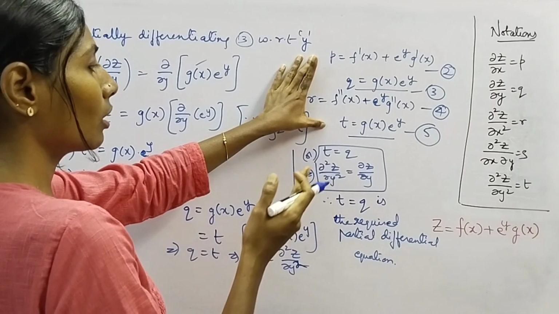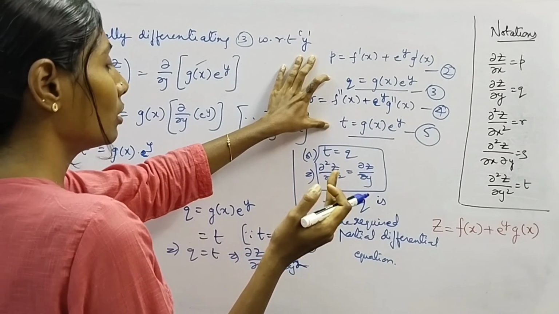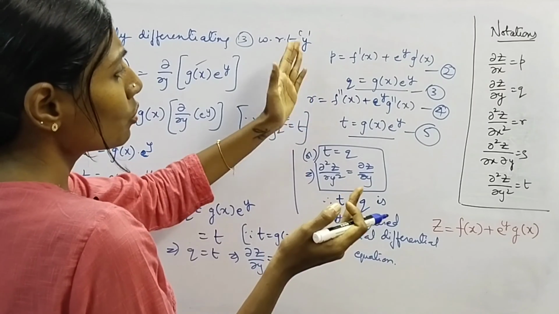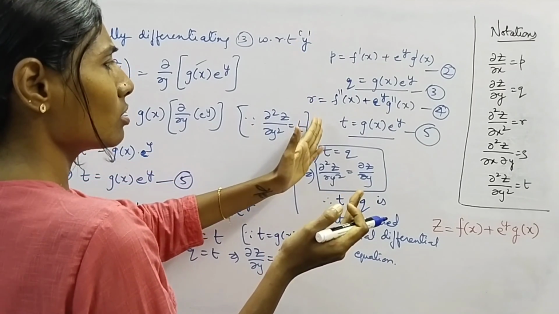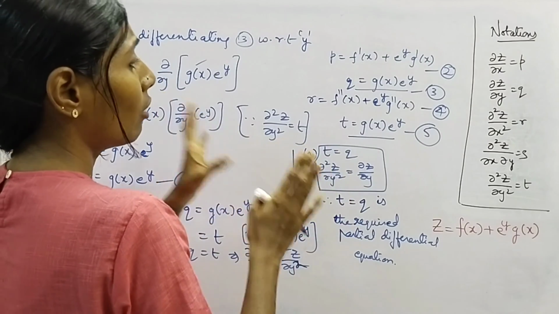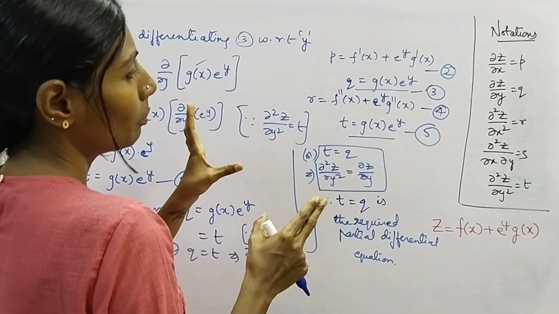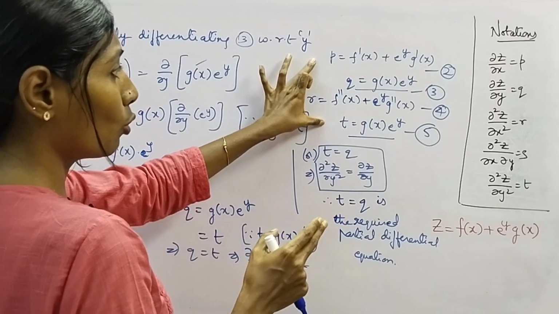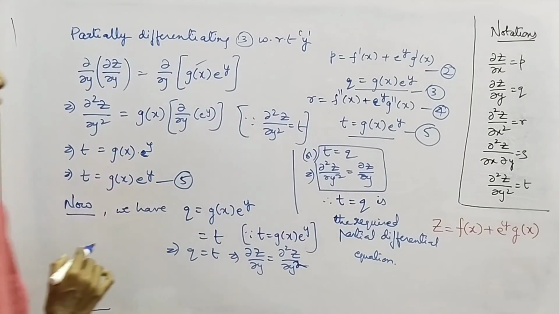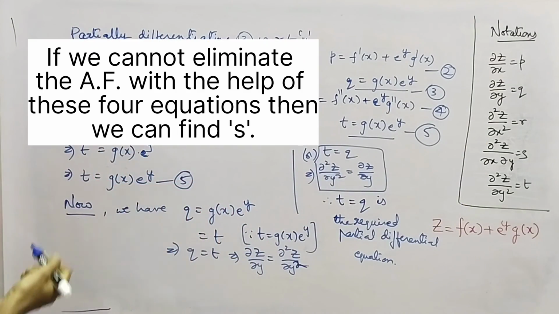If you feel that you are going to get the PDE, that is the partial differential equation, using all these 4 equations, then it's not necessary to find s. If you can't find the partial differential equation with the help of these 4 equations, then you'll find s. We'll see that later.